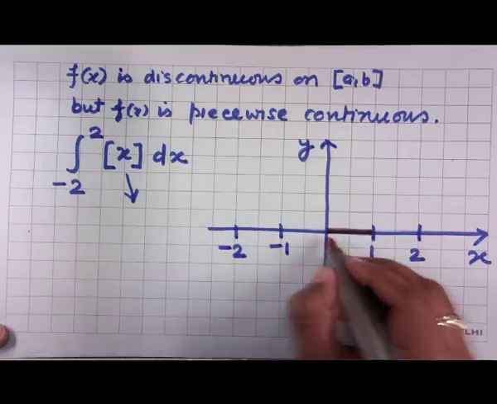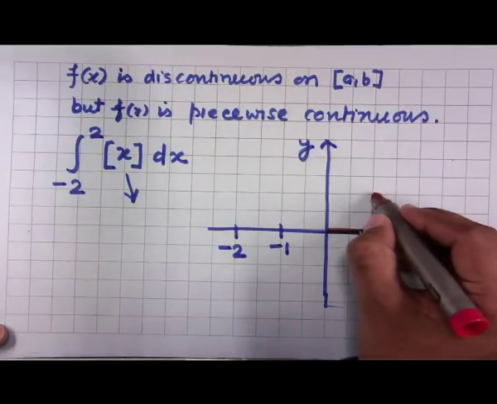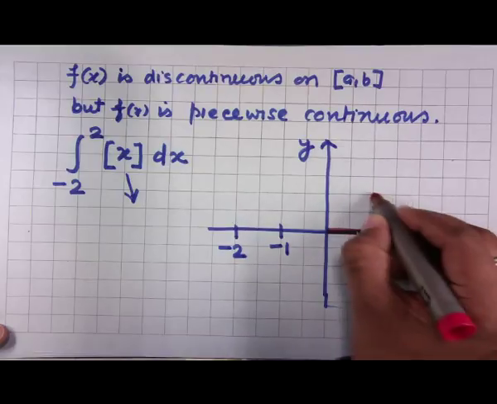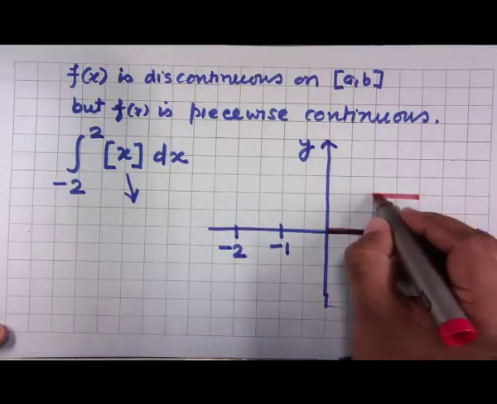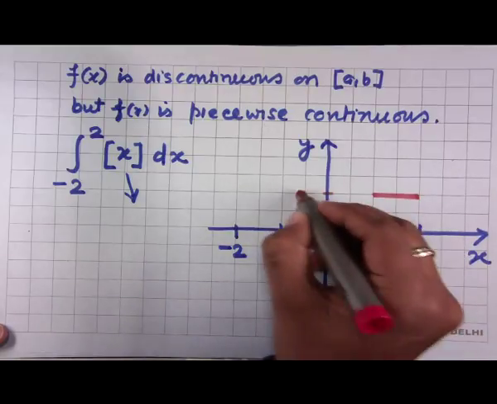Between 0 and 1 it takes value 0, at 1 it takes value 1, and between 1 and 2, just before 2, it takes value 1 throughout.